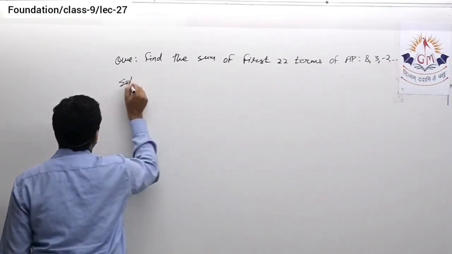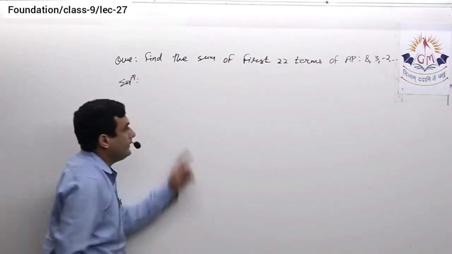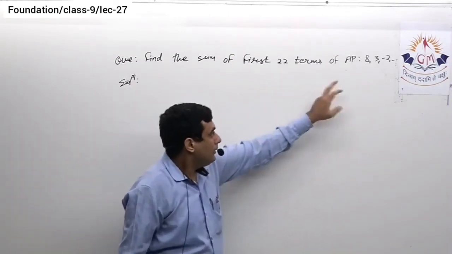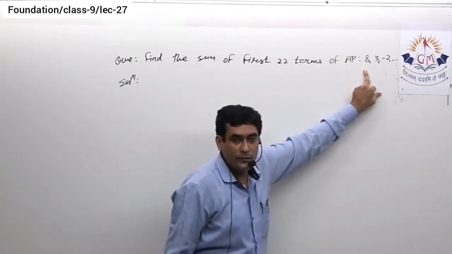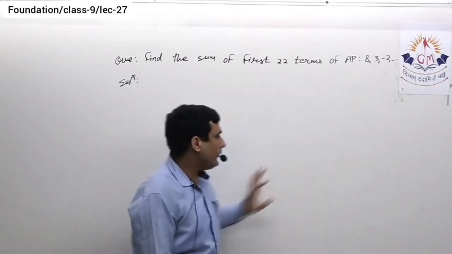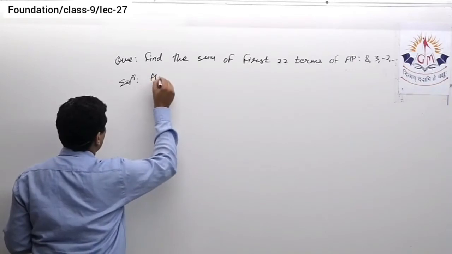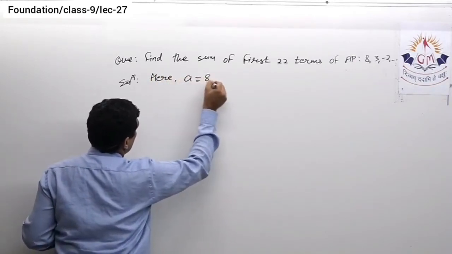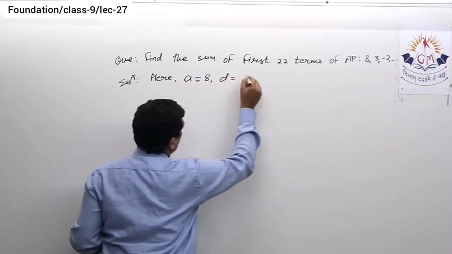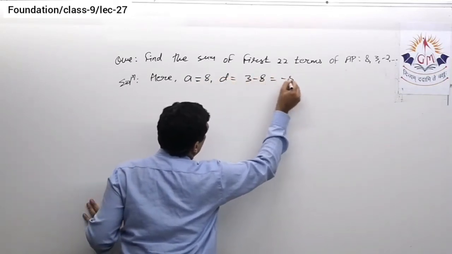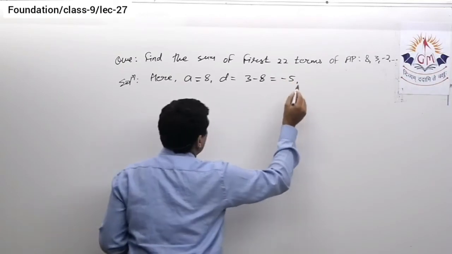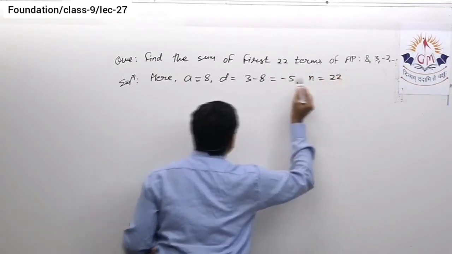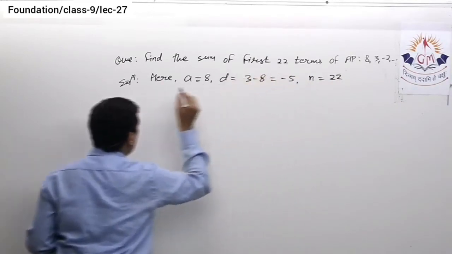So what we have to find is the sum of first 22 terms. That means we have the value of n. As the AP is given, we have A and D as well. So here A is equal to 8, D is equal to 3 minus 8, that is minus 5, n is equal to 22 because we have to find the sum of 22 terms.